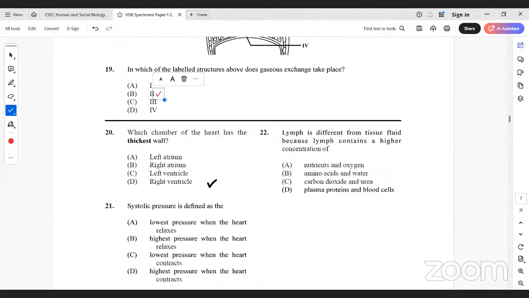What are we thinking? And I hope everyone is thinking it should be on the left-hand side. Because the reason the left-hand side should have thicker parts is because they have to pump to the whole body. And the part that lets out blood to pump to the whole body is the left ventricle. All right? So I hope persons are thinking C. C, left ventricle. Wonderful, wonderful.